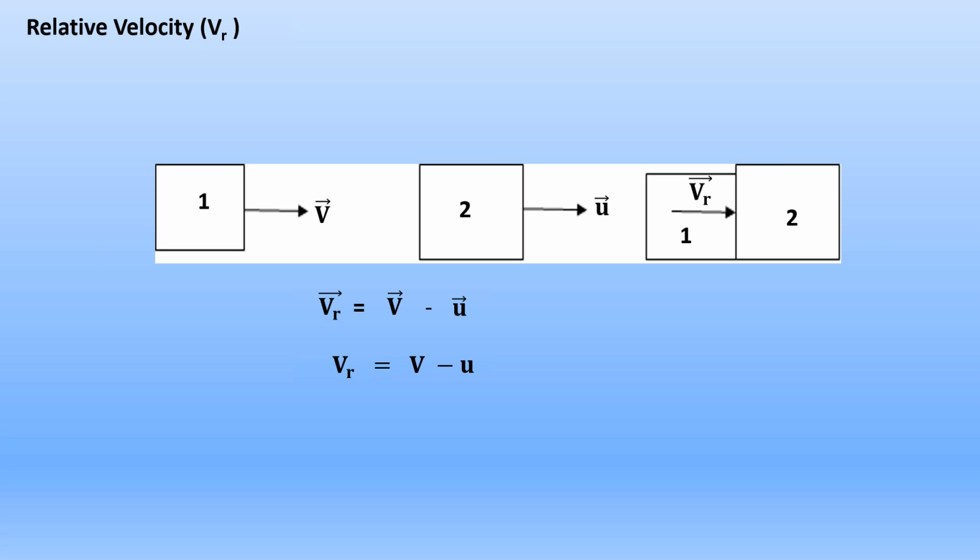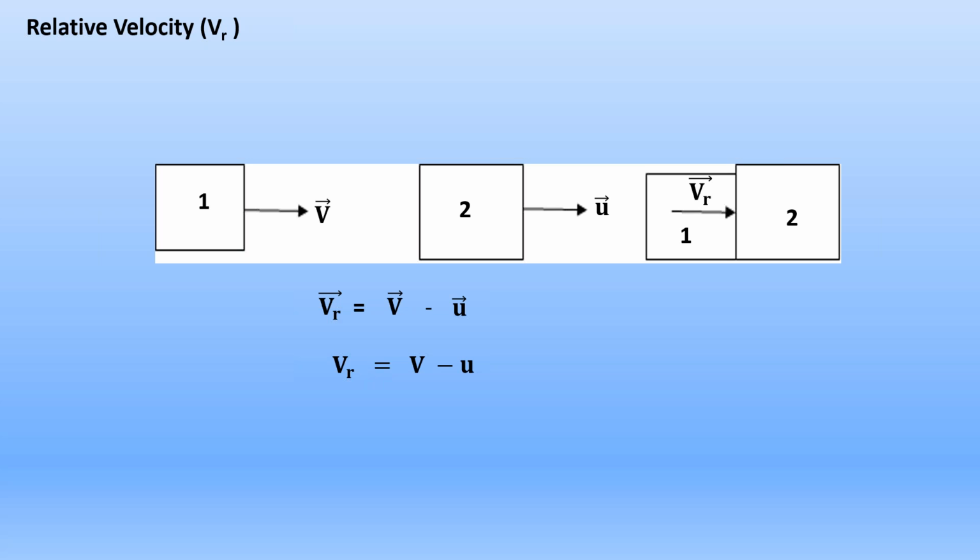We have the second body also moving with velocity ū. So v̄ is the velocity of the first moving body, ū is the velocity of the second moving body. We call v̄ the absolute velocity of the first body.